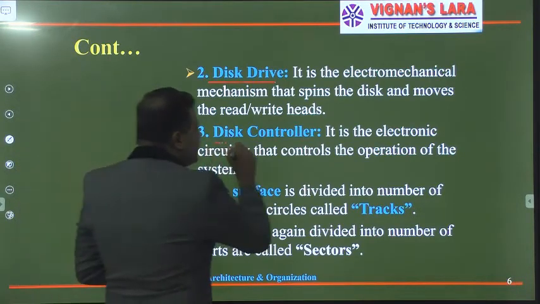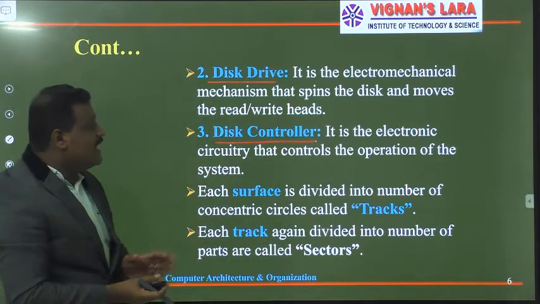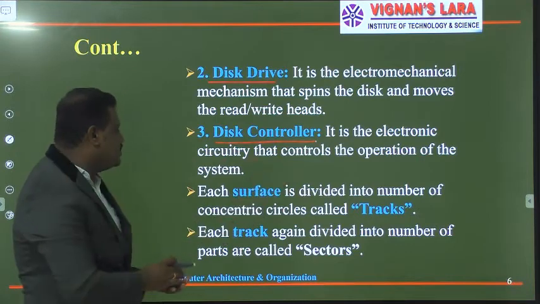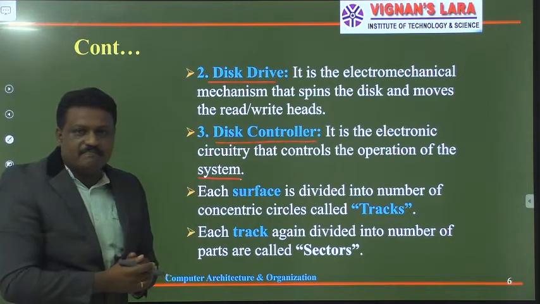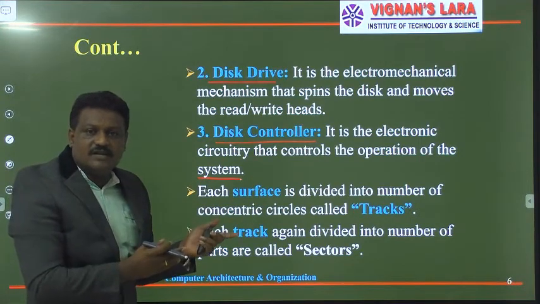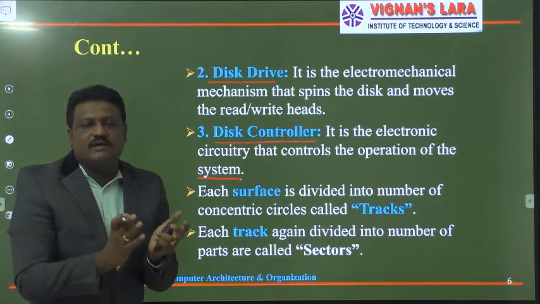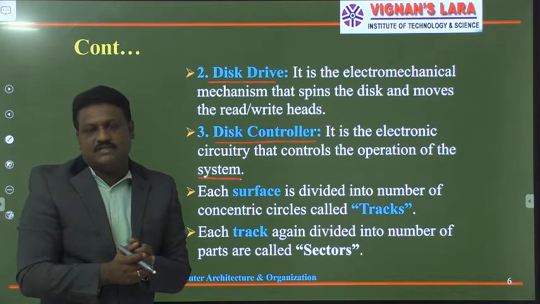And the third part is a disk controller. What is it? It is an electronic circuitry that controls the operation of your disk system.